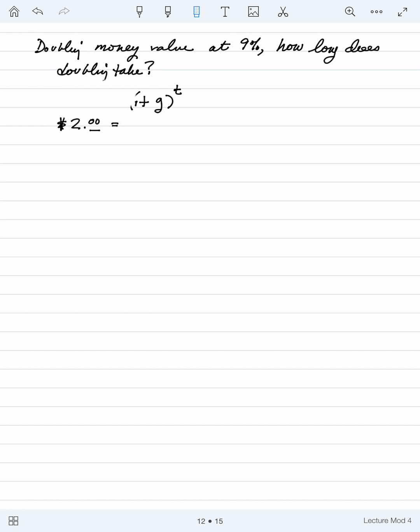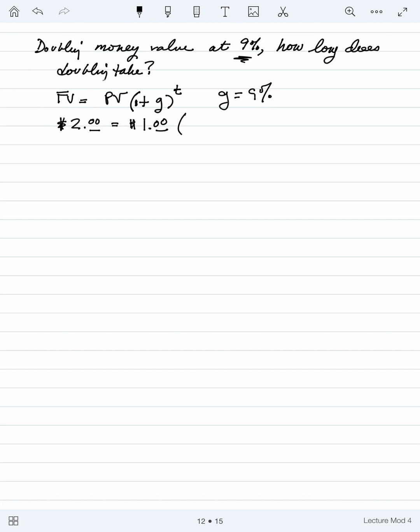That's a 1, the present value, times 1 plus the growth rate across time. Let's double the dollar, and let's say growth rate G is equal to 9%.